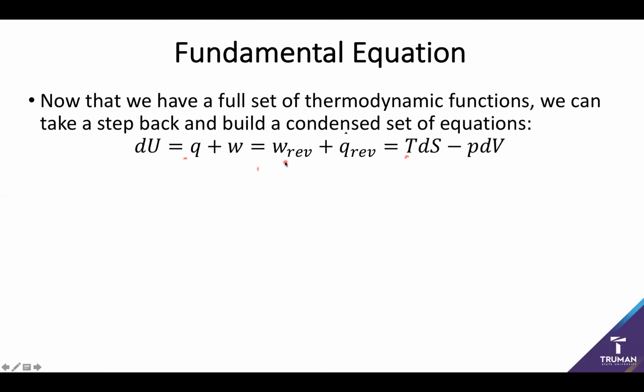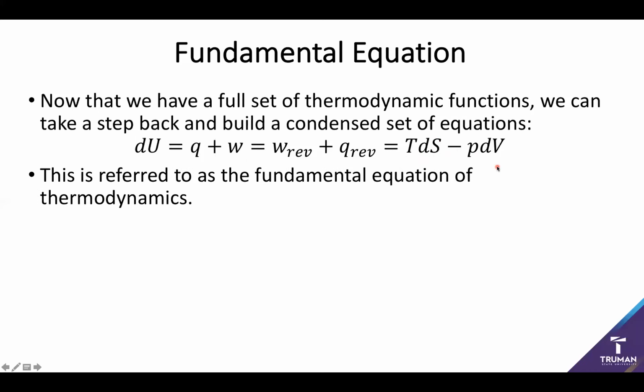Under reversible conditions, the external pressure is the same as the system pressure, which means with no assumptions of ideality, we're able to assert that any change in internal energy can be expressed in terms of a change of entropy and a change of volume. No approximations. And this makes a really powerful equation, so much so that it is referred to as the fundamental equation of thermodynamics.